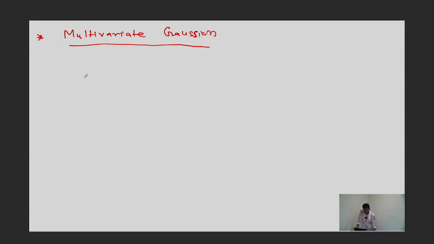So this is 2 pi to the power minus k by 2, and what is capital sigma?